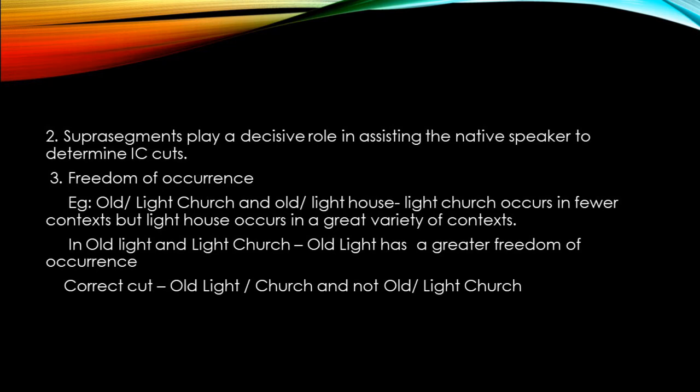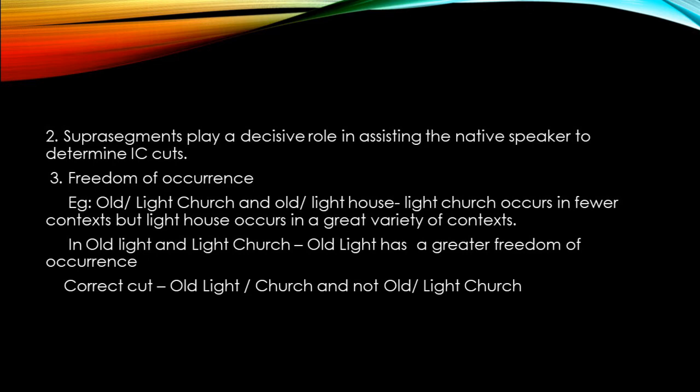But then if you analyze this construction, old light church, you understand that you do not hear this phrase light church frequently. But then if you give the cut after light for old light church, it will be old light slash and then the church. So in the coming sentence, I have given two phrases like old light and light church.